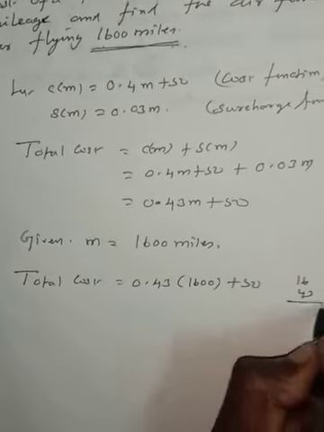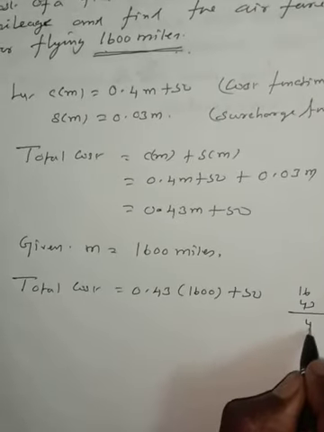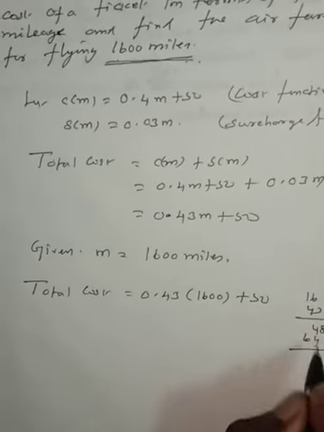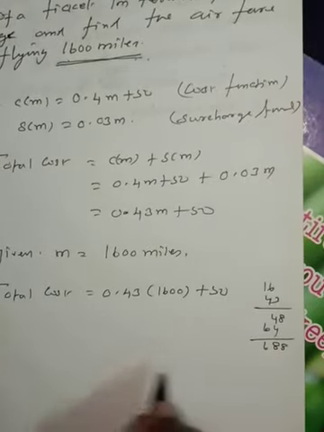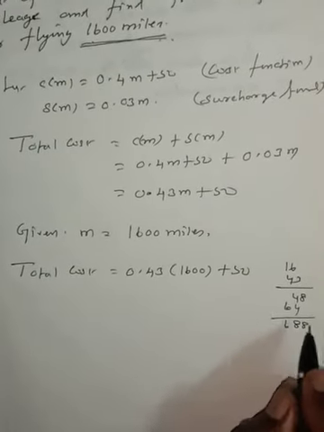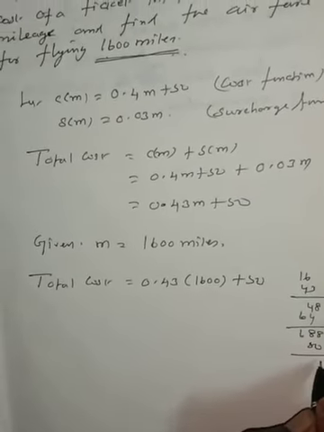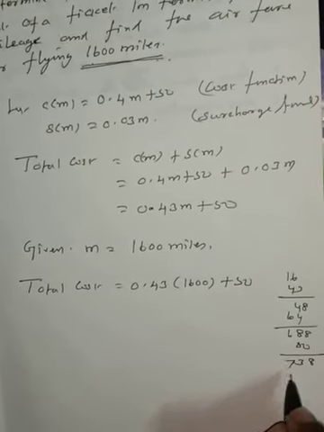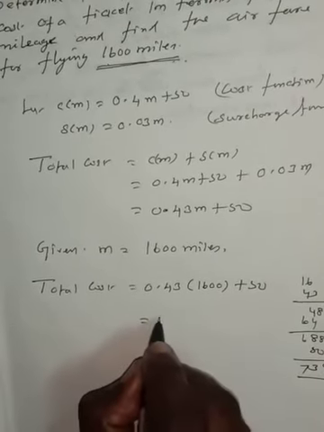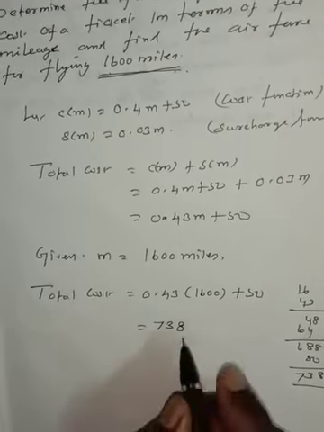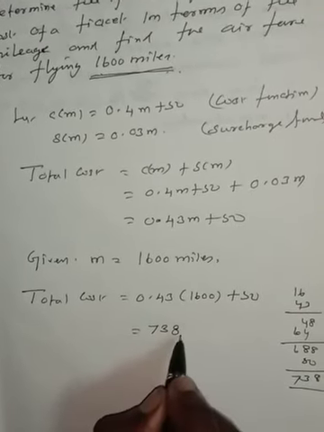Multiplying 0.43 by 1600 we get 688. Again adding 50, we get 738, which is the total cost.